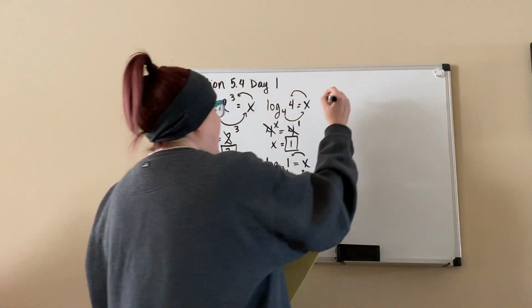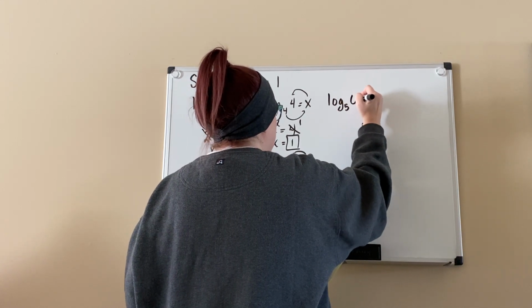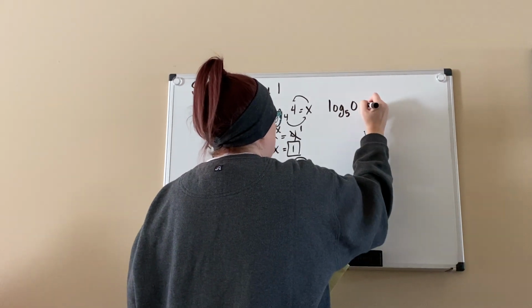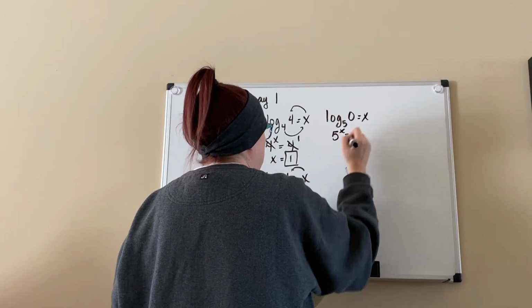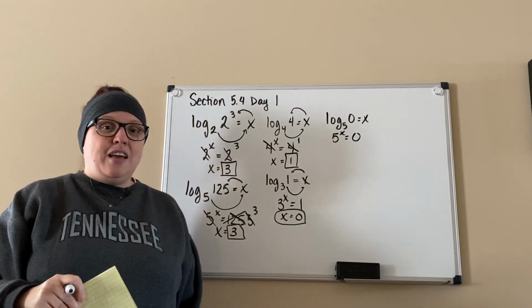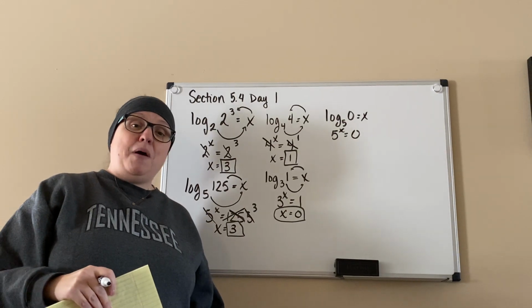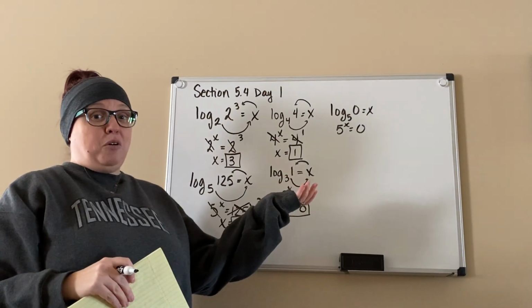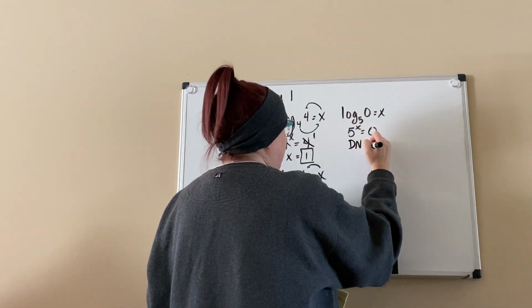Two more. If we have log base, let's say 5 of 0, and then we set that equal to x, 5 to the x equals 0. There is no power in the world that's going to give you 0 as the answer, unless you're taking 0 to the power. But I'm taking 5 to the power. So this is the D and E, I think is the thing they put on there.